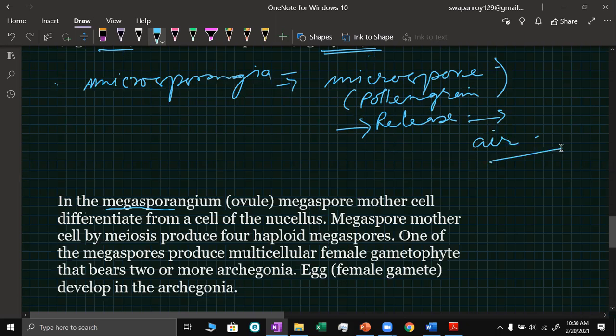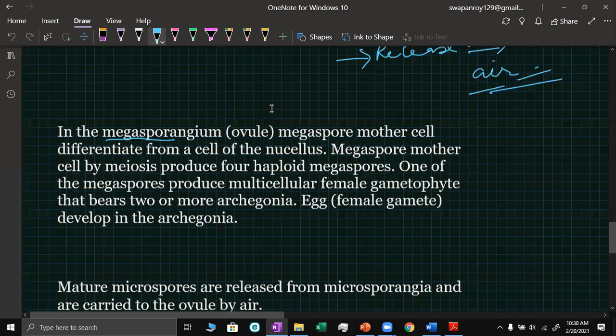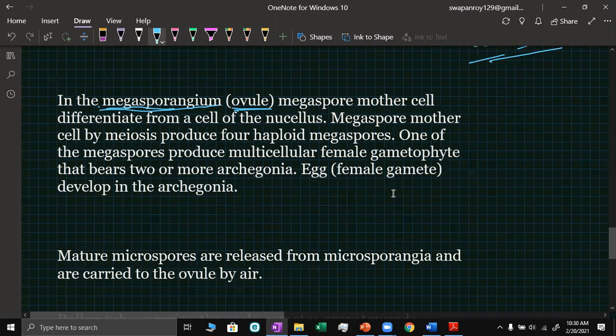Pollen grains are carried by air and transferred to the female sex organ. Within the megasporangium, or the ovule, there is a nucellus, and from the nucellus the megaspore mother cell develops.